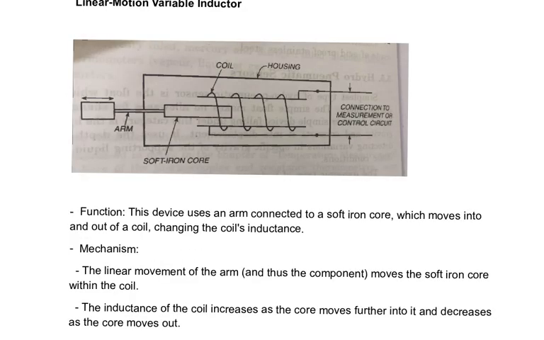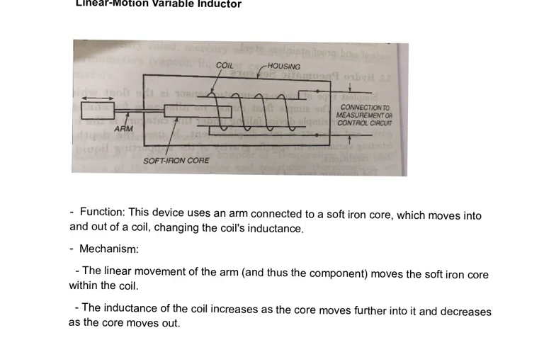Next is the linear motion variable inductor. In this, the device uses an arm. You can see the diagram here. In the diagram you have an arm, a soft iron core, a coil, and a housing, connected to a measurement or control circuit.